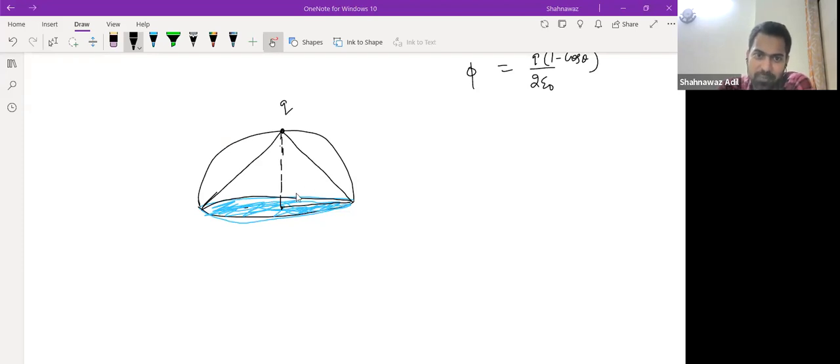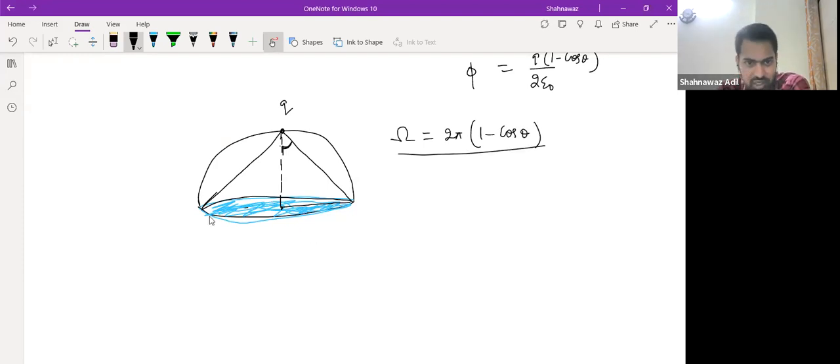So this would be the conical shape, right? And we need to figure out this angle, because we know the solid angle is 2 pi 1 minus cos of this theta. So remember your 10th class, guys. This is the diameter. So what would this angle be?